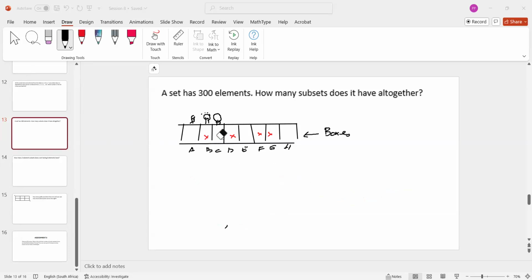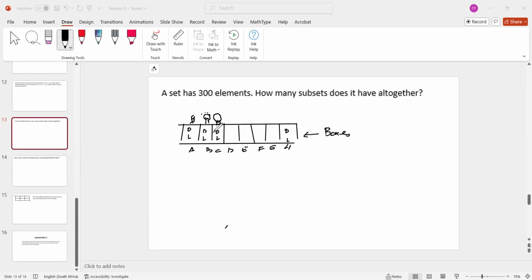Now if I want to count the number of ways, this time I'm not putting objects inside here. I'm counting the number of ways a box can be lit up. This thing can be either dark or light, here dark or light, and so on.